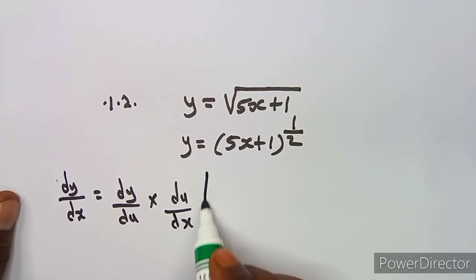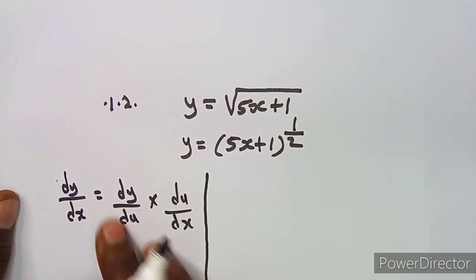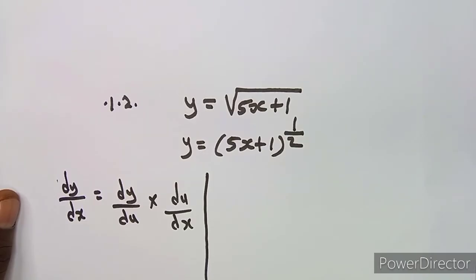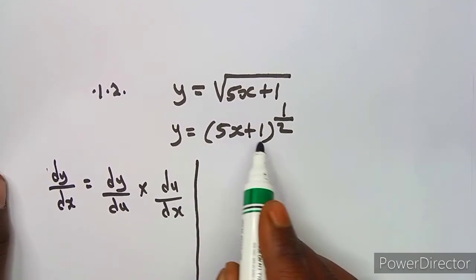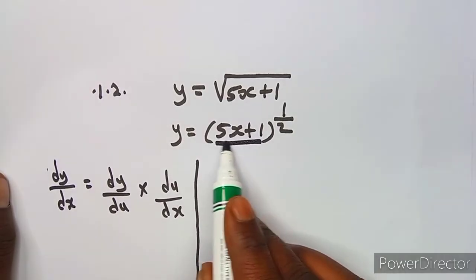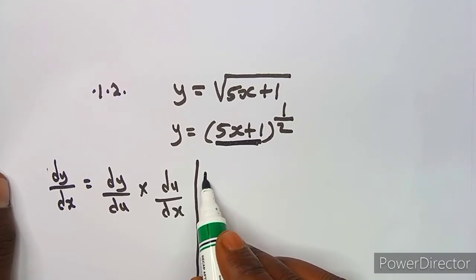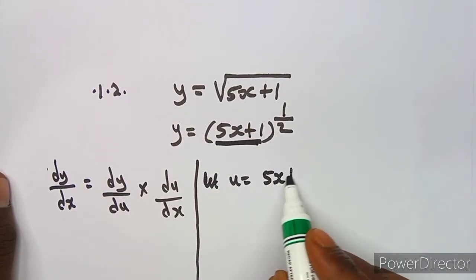We are going to introduce this by letting 5x plus 1 be equal to u. So we can let u be equal to 5x plus 1.